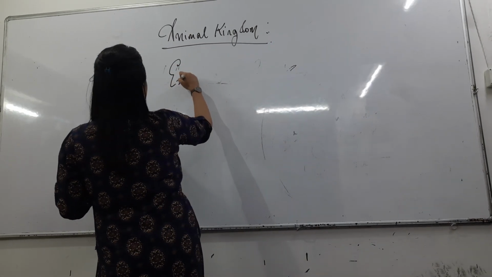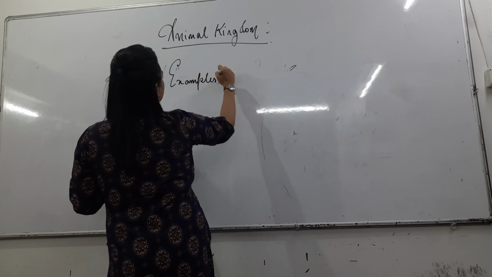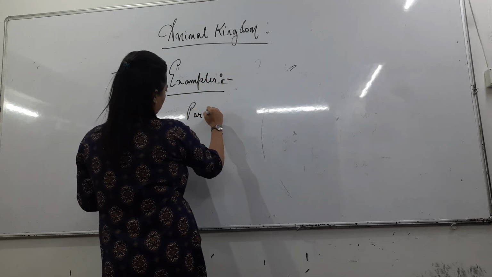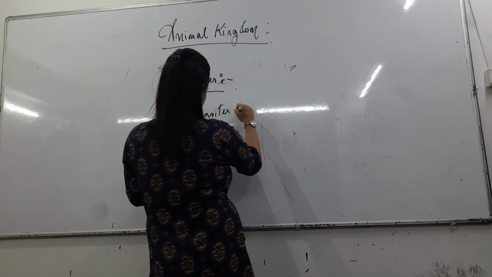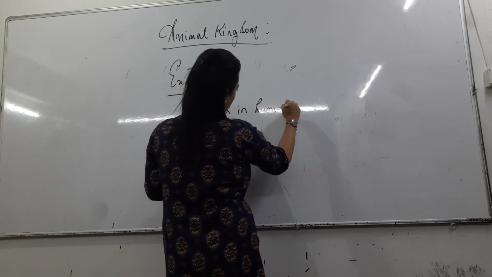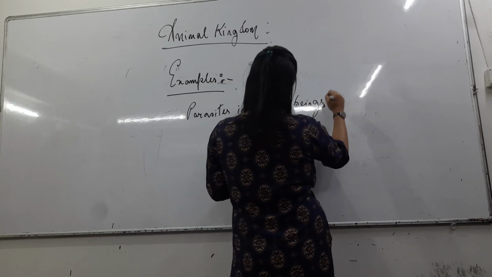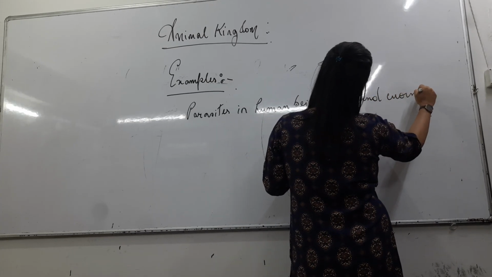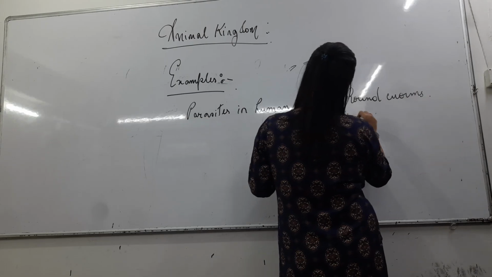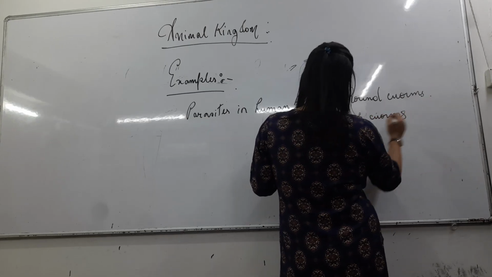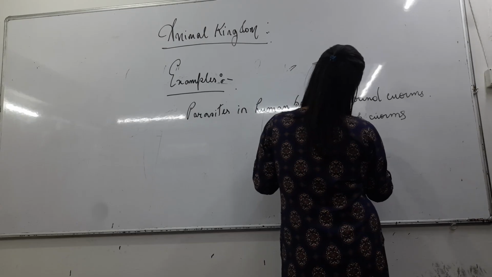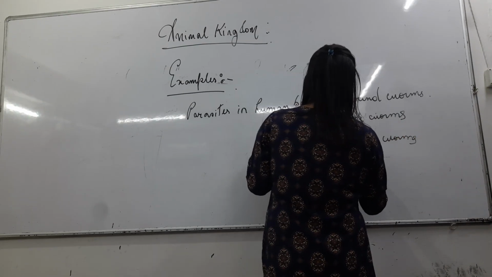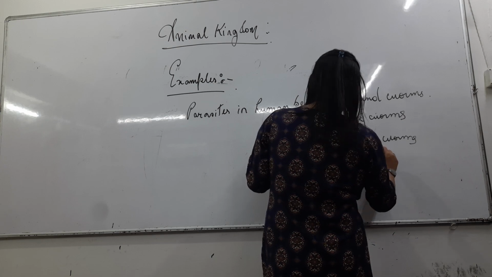Write down the examples. These are the parasites which are found in human beings: roundworms, hookworms, filarial worms, pinworms.